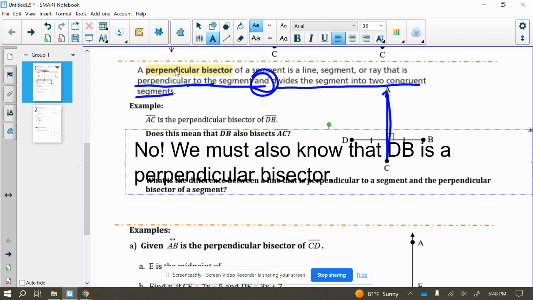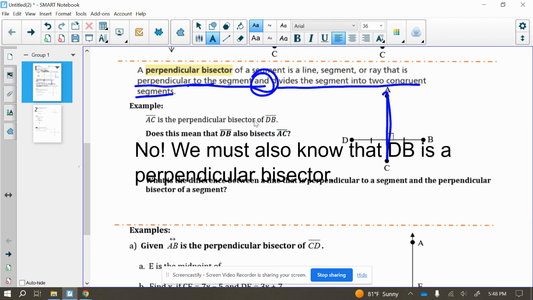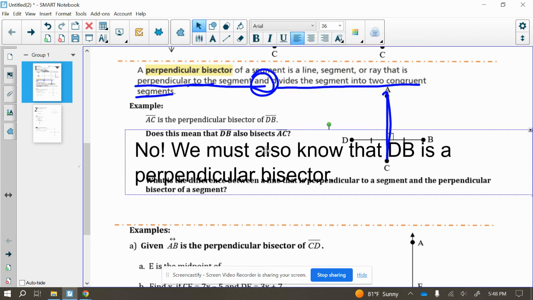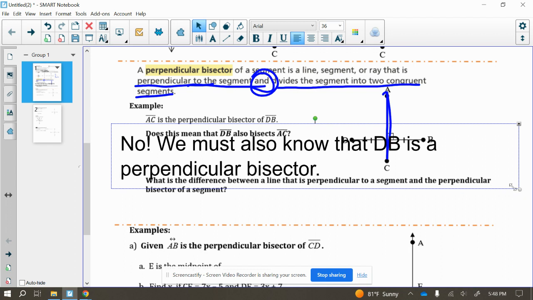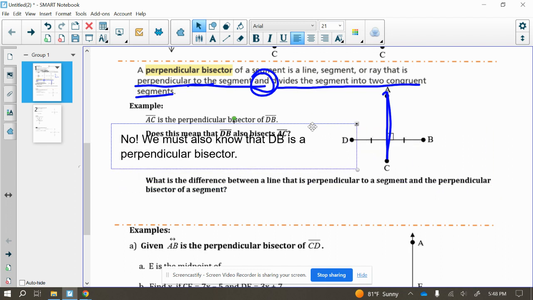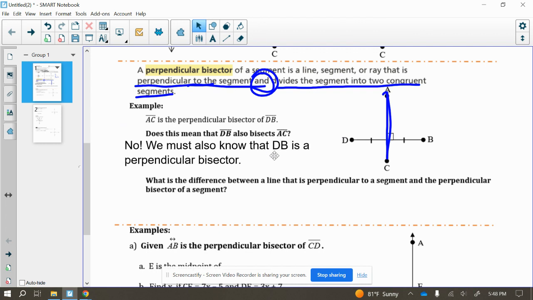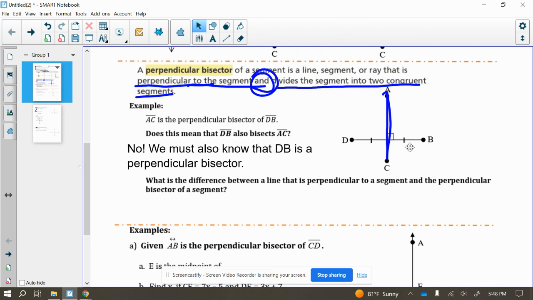That also has to be said. We can't just assume just because one of them is a perpendicular bisector that the other is going to do the same thing. So in this case, for our example here, only DB is getting cut in half by AC. They are, however, creating four 90-degree angles.